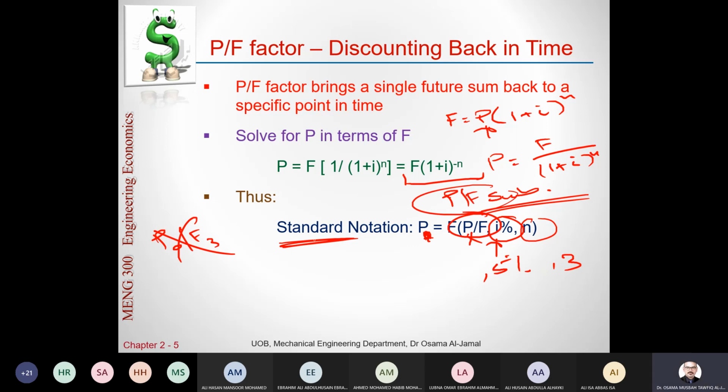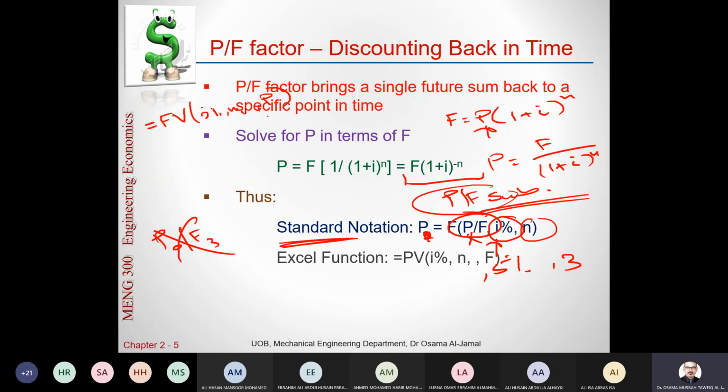Is there an Excel function for this? Like what we did earlier for F. We said, okay, FV, then we wrote I%, and we left it blank there, and we put P here. The same idea will be applied to calculate present value.